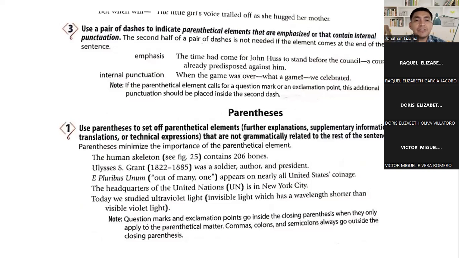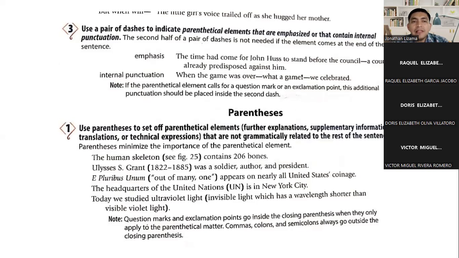Use a pair of dashes to indicate parenthetical elements that are emphasized or that contain internal punctuation. For example, the time had come for John Huss to stand before the council, a council already predisposed against him. When the game was over, what a game, we celebrated. Lo decimos para hacer énfasis.